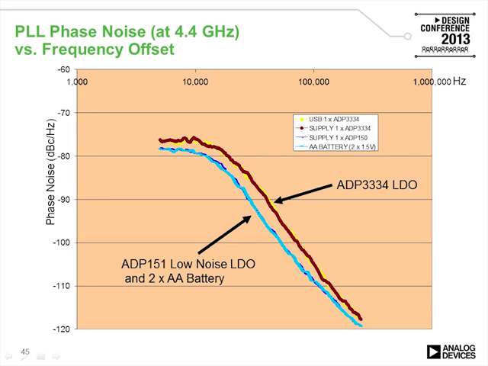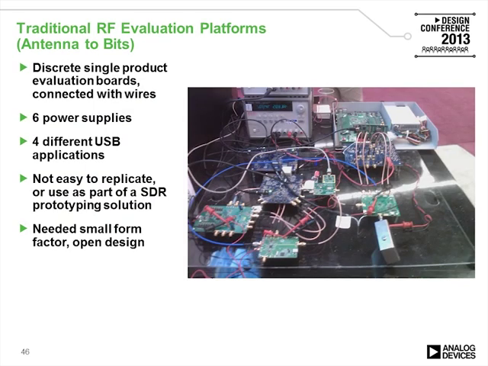The 3334 LDO and a USB supply are much higher, about 6 dB per hertz of phase noise, than the ADP151 or our AA batteries, which are almost identical. So we don't think we could get much better than this until we continue to improve our PLLs, which is always occurring.